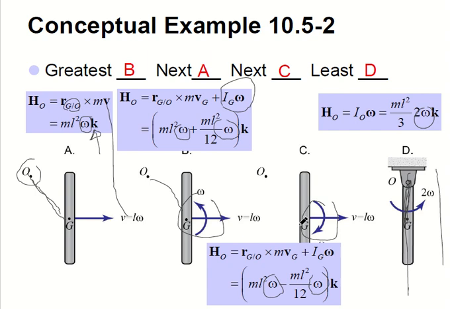And then of course C, your rod is rotating, okay? And you also have a translation, but the rotation is in a different way. And so angular momentum comes from your rotation, okay?